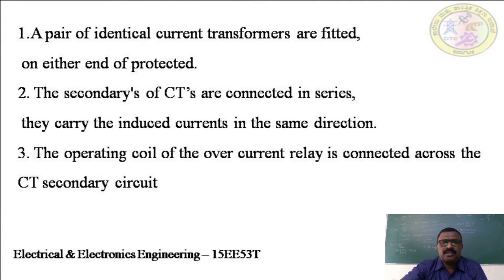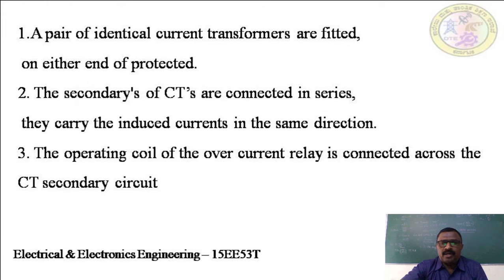The construction part is like this. A pair of identical CTs, current transformers, are fitted on either end of the protected element. The secondaries of the CTs are connected in series. They carry the induced currents in the same direction.